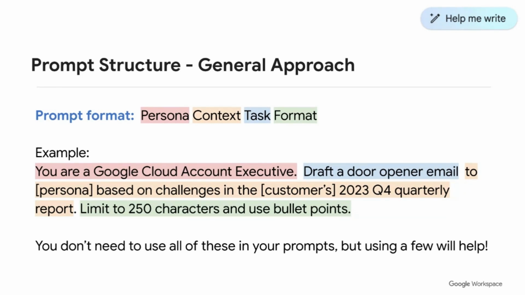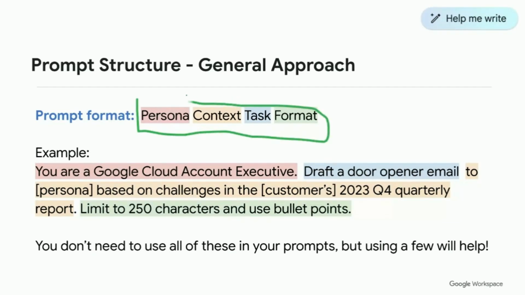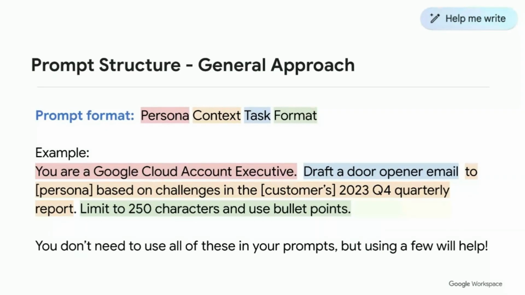So here the task is actually for AI to draft an email, right? If I simply just type this, AI will not be able to give me good information. But if I follow the best practice, which is persona, context, task, and format, we call it PTCF, I will be able to get a better format.